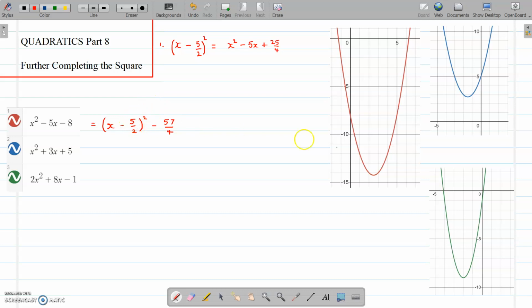If you look at the graph over here and look at the minimum point, you can see that it has an x coordinate of 2.5.